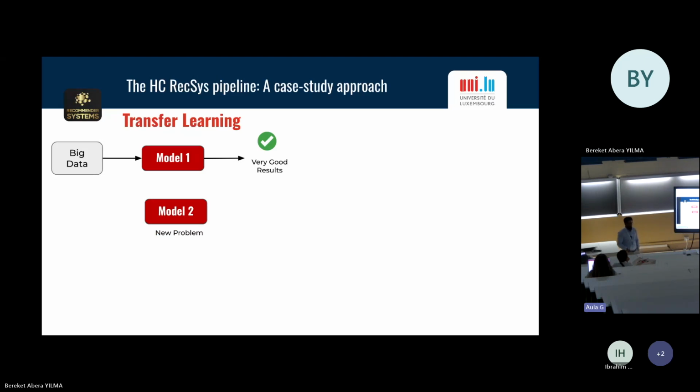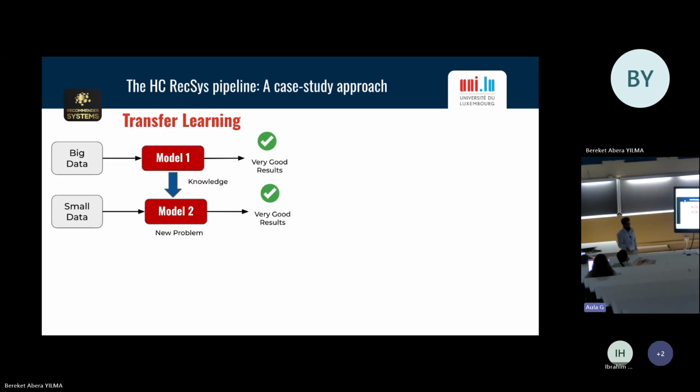But you have only, let's say, 100 images. You have a small data set, but you want to achieve good performance. So transfer learning is essentially transferring the knowledge that was learned through another model and then applying that to a small data set or small set of problems so that you can achieve a very good performance.